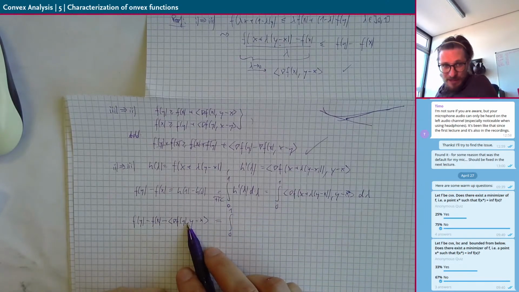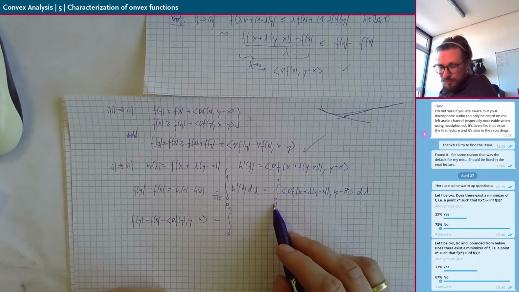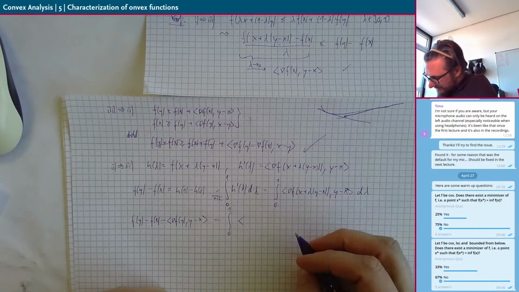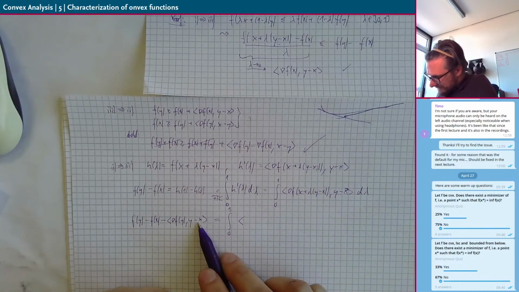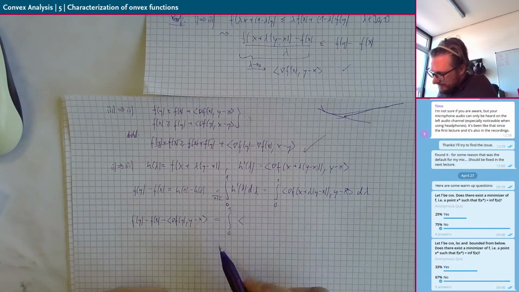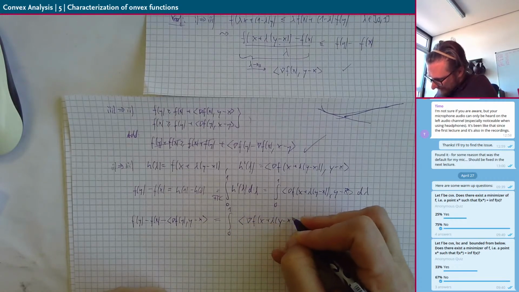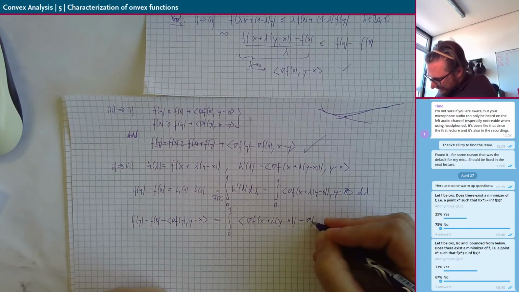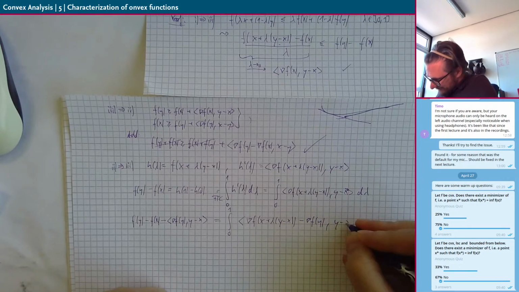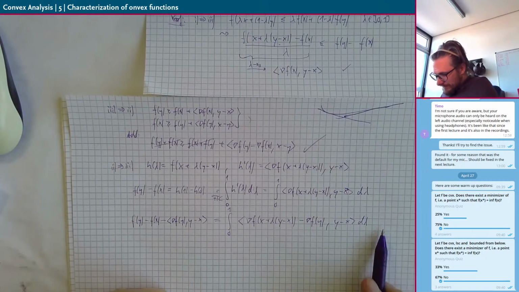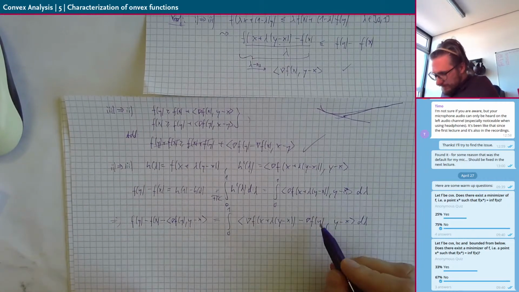This does not depend on lambda, and the integral goes from 0 to 1, so we can just put it inside the integral here. And if you just put it inside the integral, we see that this inner product has the same thing on the right hand side, and so we can have something like the integral of gradient f of x plus lambda times y minus x minus gradient f of y times x minus y, d lambda. So we had subtracted this on the right hand side and pulled it inside the integral.